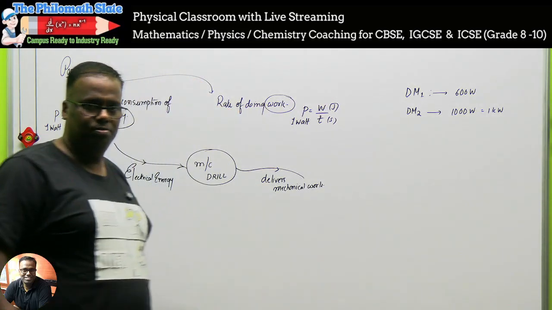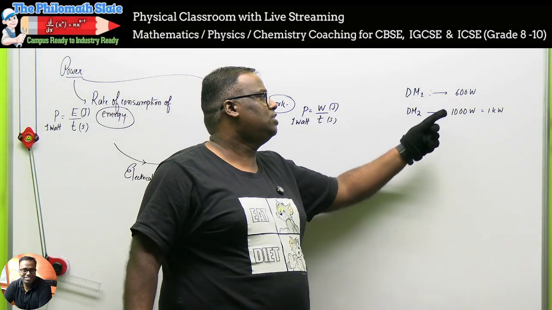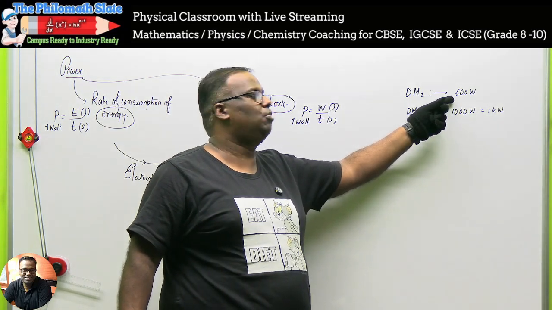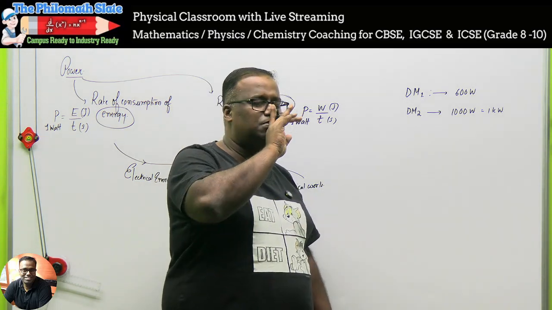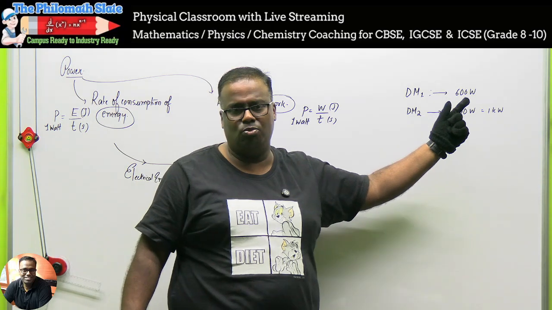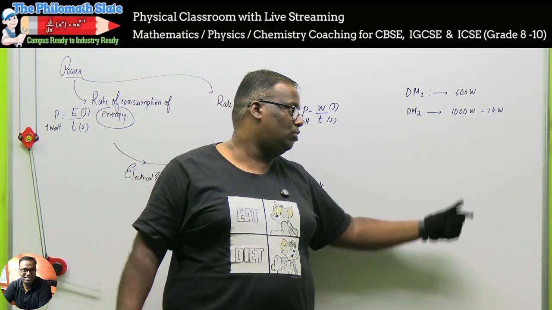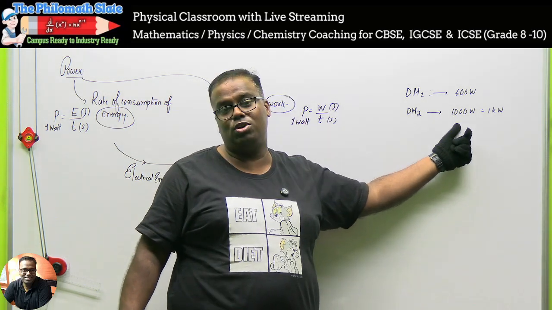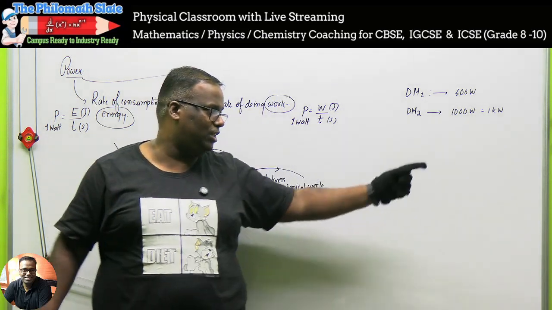Have you understood? Right? Now a question arises. Suppose our friend Sastra has brought a 600 watt drill machine. You have it, and you are performing some job at your home and you find that you are not easily able to drill your wall because your wall is rock hard. And you get to know that Jaideep sir has got a 1000 watt drill machine. Let me get the 1000 watt drill machine. Now what prompts you to get the 1000 watt drill machine?